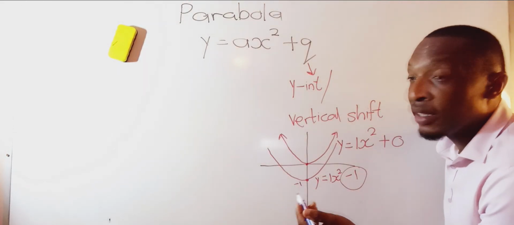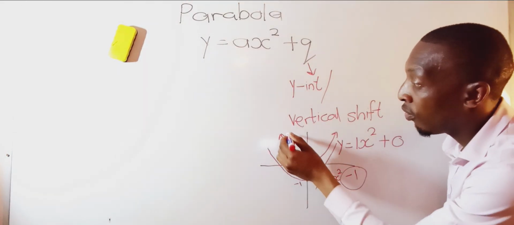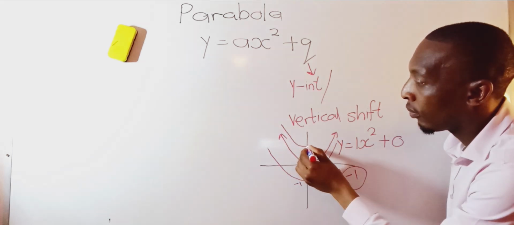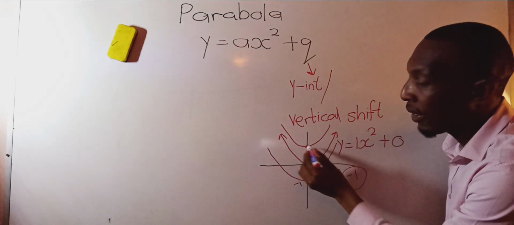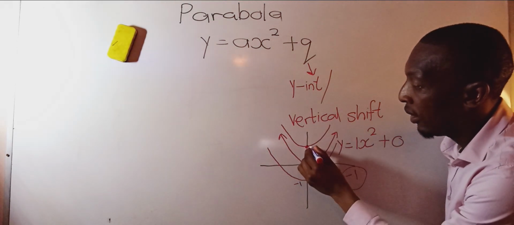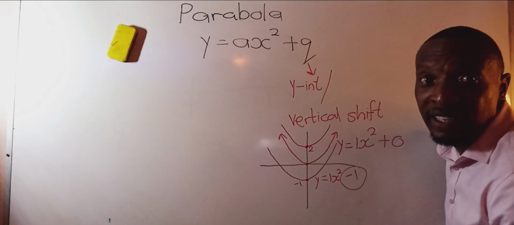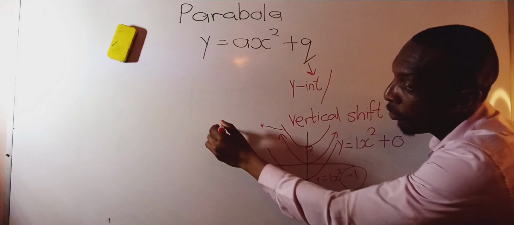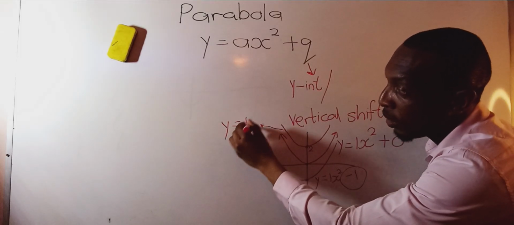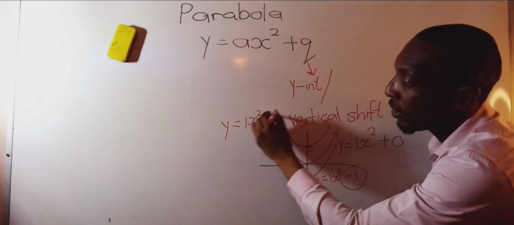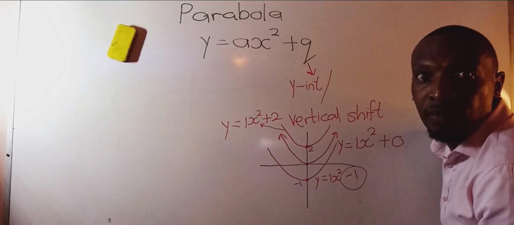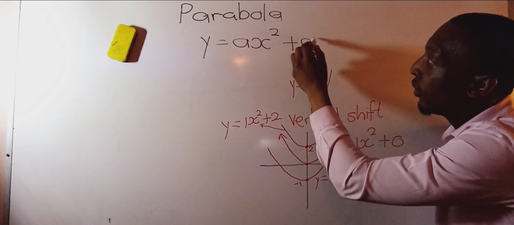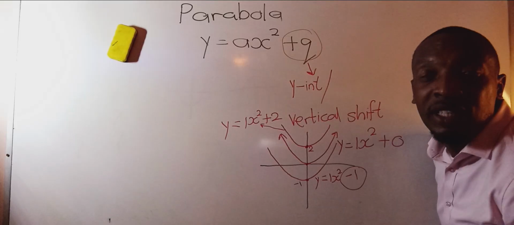The same would apply if the graph was cutting my y-axis at, let's say, 2. Can you guess what the equation of this graph is going to be? Of course, it's going to be y = 1x² + 2. This is my vertical shift.